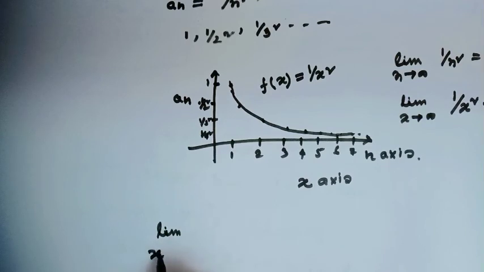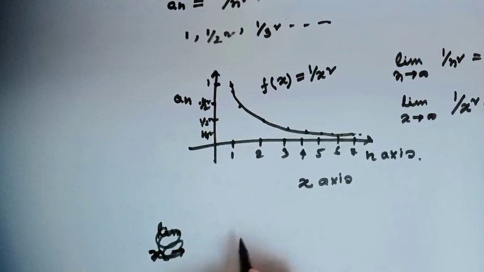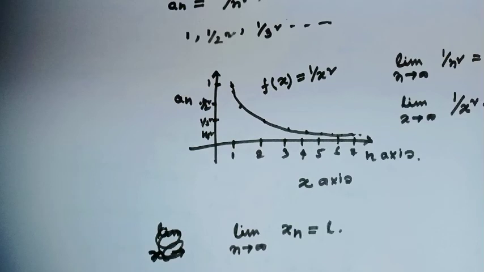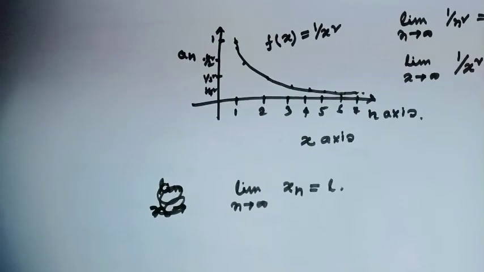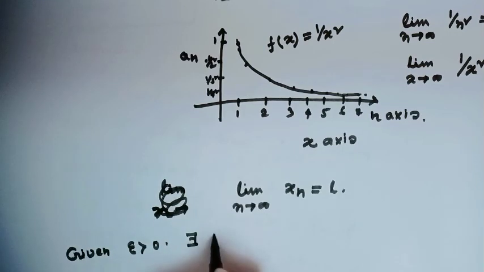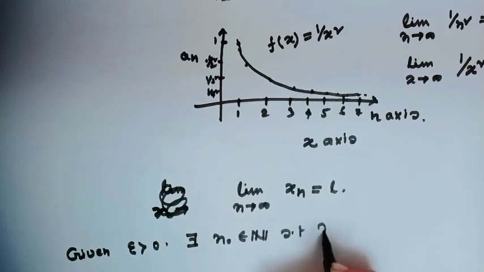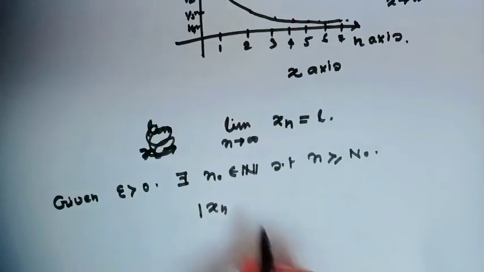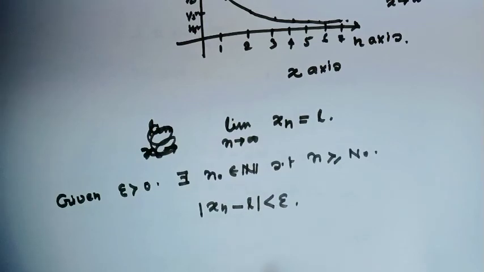Limit as n tends to infinity of x n equal L. That implies, given epsilon greater than 0, there exists n naught belonging to natural numbers such that for n greater than or equal to n naught, the absolute value of x n minus L is strictly less than epsilon.